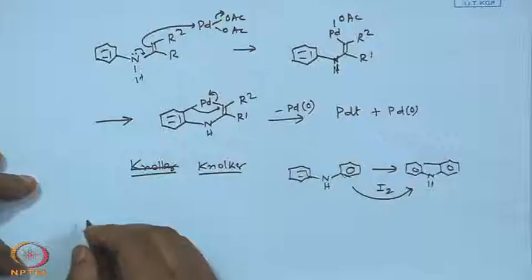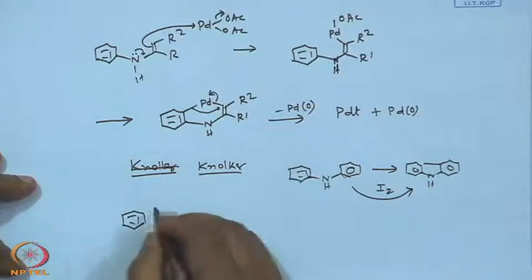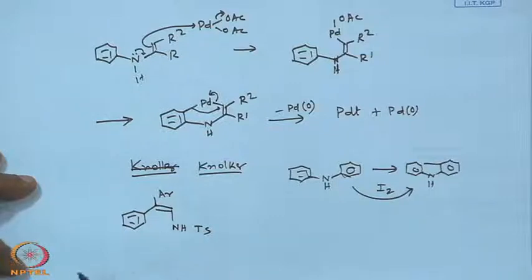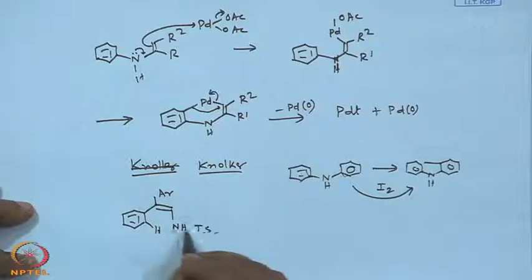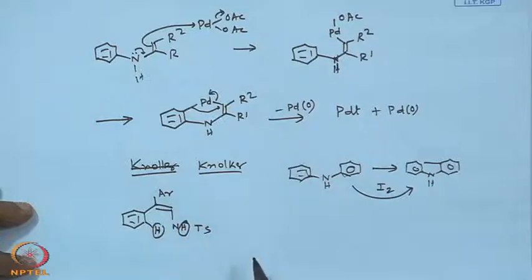But in principle there are many methods available, and I will give you one more example. It is again starting from a monosubstituted one, but in this case this enamine is a little different. So, again it is an enamine, but now nitrogen is not linked to the aromatic ring system. So, you have a hydrogen here, this circled hydrogen, and there are two different kinds of hydrogen.